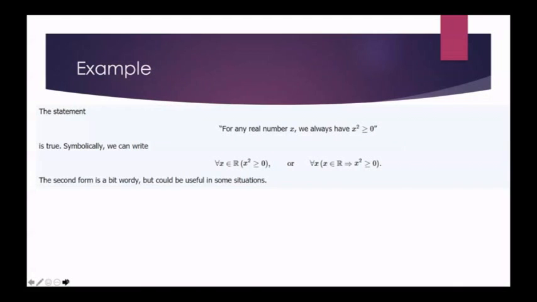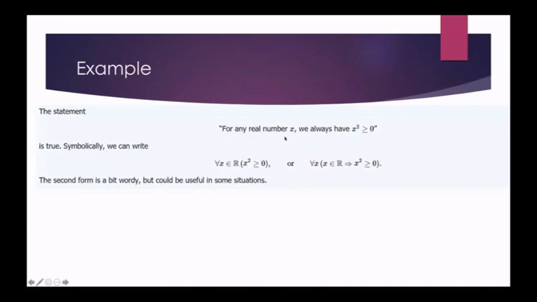Now, there's more examples here. Another example: for any real number x, we always have x squared greater than or equal to 0. Is that true? This is mathematical logic, which is a quantified statement, also a logical statement in a way.